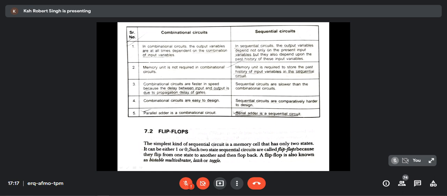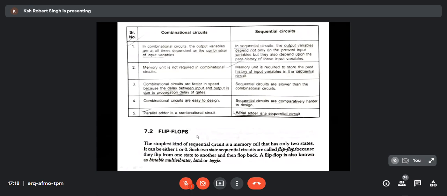That means a flip-flop can be used as a storage device, a memory element. One flip-flop can store either 1 or 0. How many types of flip-flops are there? There are 4: SR flip-flop, JK flip-flop, D flip-flop, and T flip-flop, which we'll come to know.